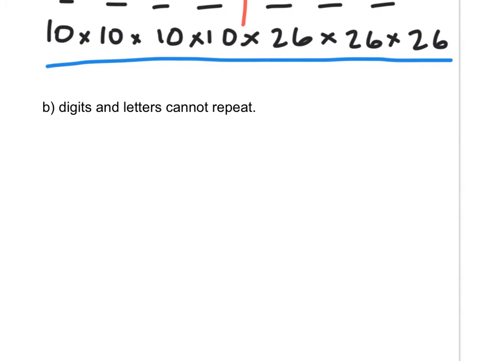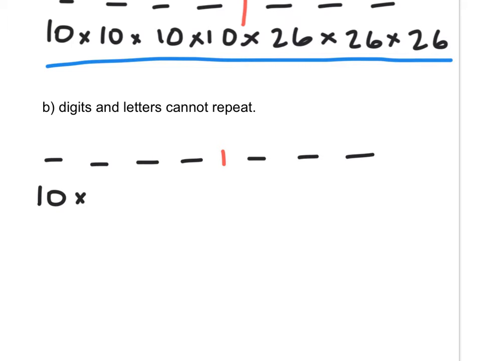Now look at this one. This one varies because it tells you that digits and letters cannot repeat. So imagine we have 1, 2, 3, 4 and 1, 2, 3. I'm going to put the red here to show where the letters and the digits separate. So we cannot repeat. If you choose a certain digit in a certain position, you cannot use that digit again. To fill the first position, we have 10 options.